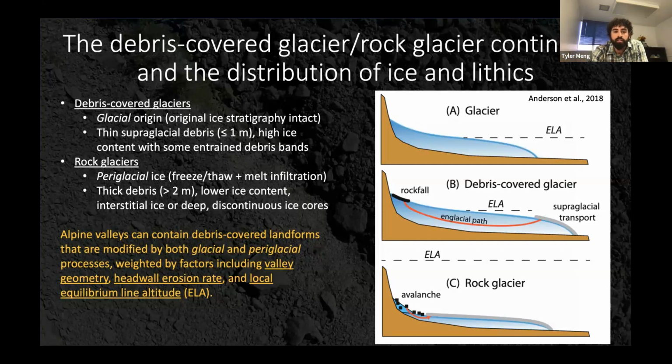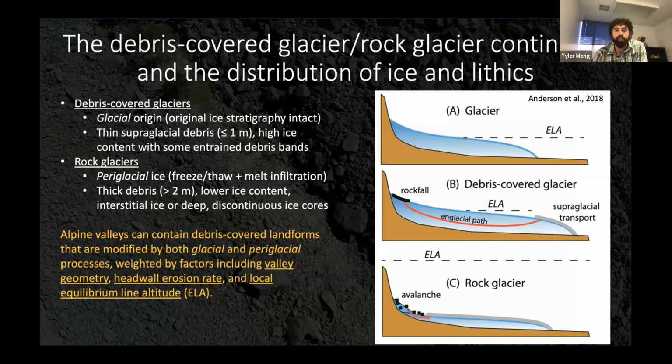Rock glaciers, whereas, are considered to be more periglacial features that have been infiltrated by freezing and thawing ice over and over again. This tends to create thicker debris with interstitial ice, or sometimes some deep discontinuous ice cores. So in reality, we observe different features that occur on this continuum that may be influenced by both glacial and periglacial processes in the same valley system.